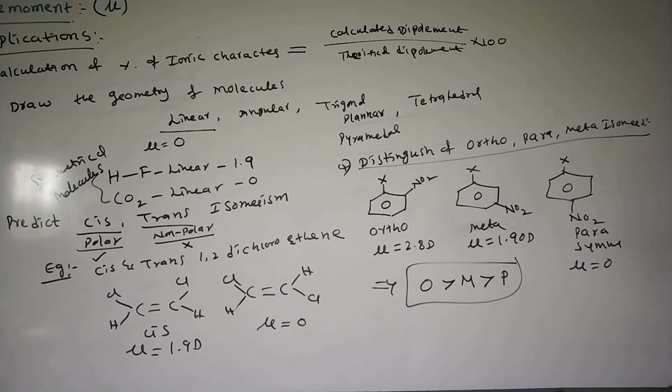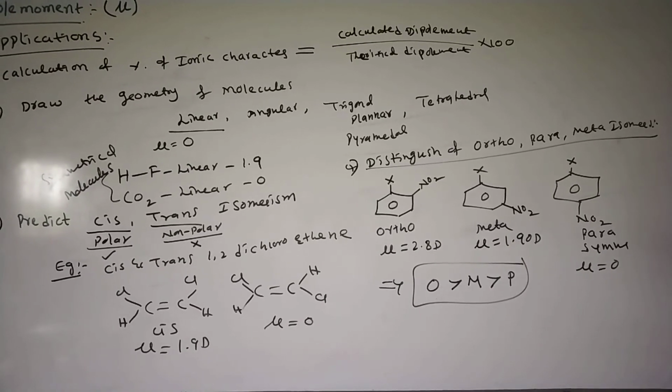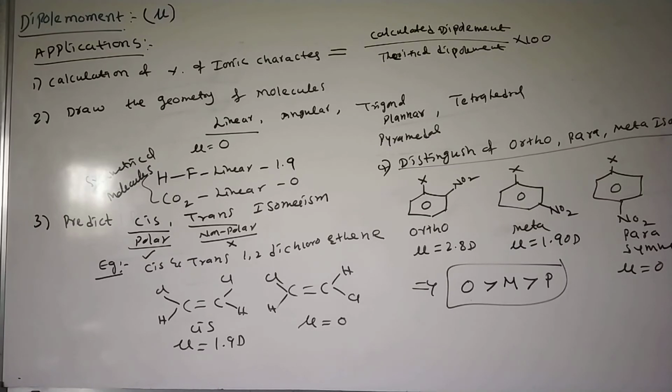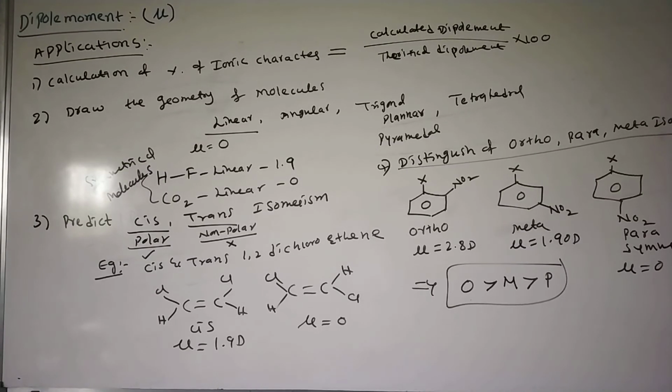These are the important applications of dipole moment. By using this, we calculate the ionic character. Second, we draw the geometry of molecules: linear, angular, trigonal planar, tetrahedral, pyramidal. We predict cis-trans isomerism. Cis means polar, having some dipole moment.